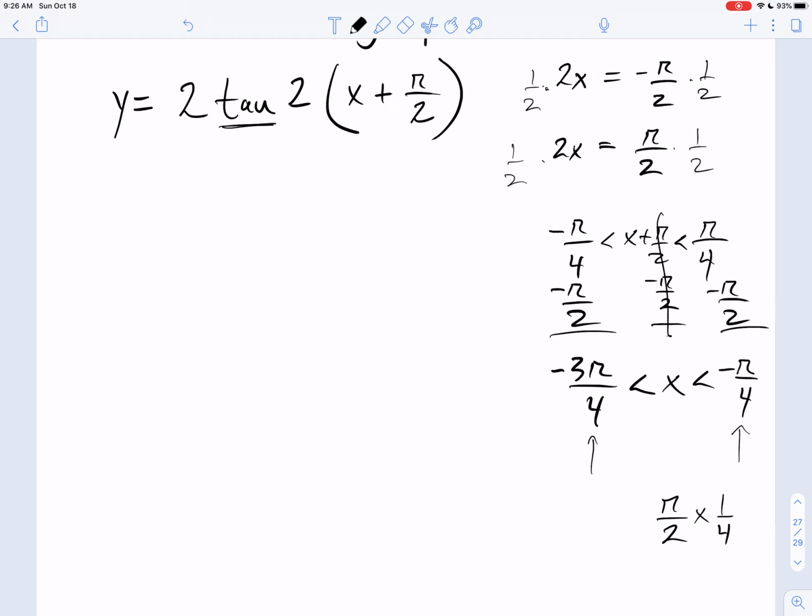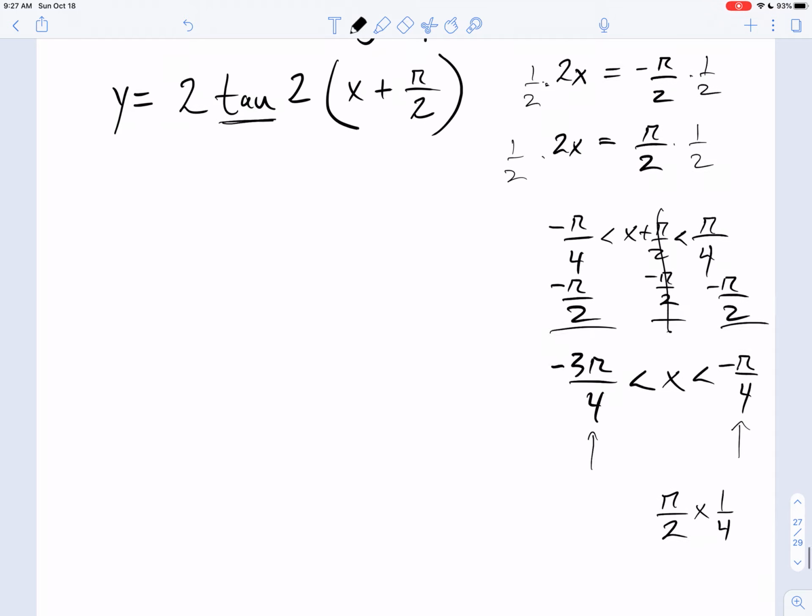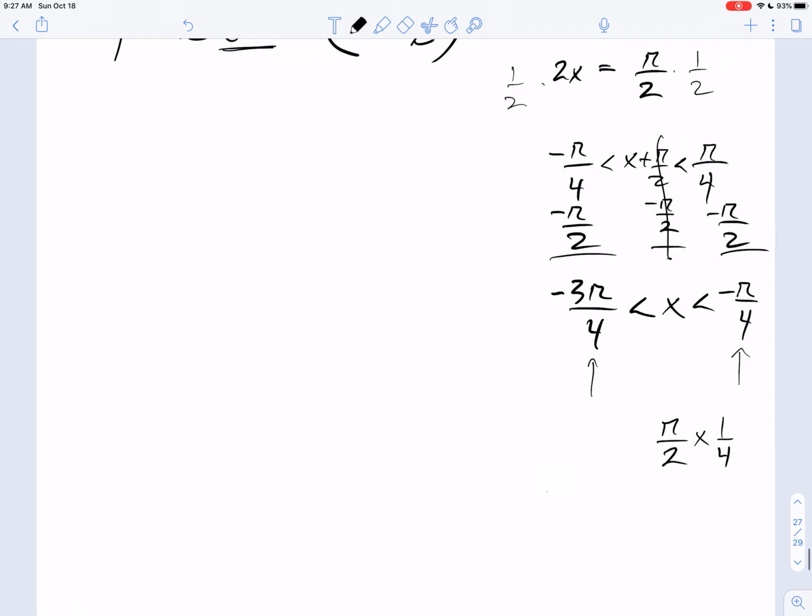So one of the strategies we use, remember, is common denominators. So if I wanted to, I could say my first asymptote is at negative 6 pi eighths, and then my stopping asymptote would be at negative 2 pi eighths.